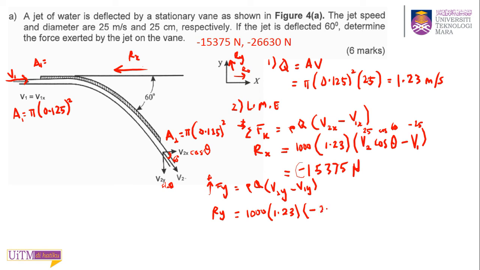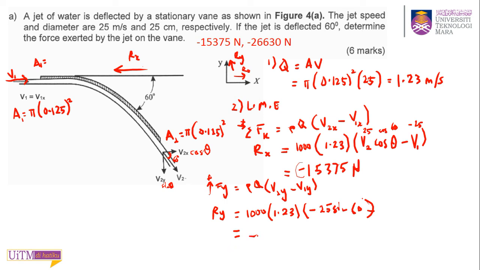V2 is 25 sin 60 minus V1y, so there's no V1y, 0. So berapa nilai dia? 1000 kali 1.23 kali minus 25 sin 60.